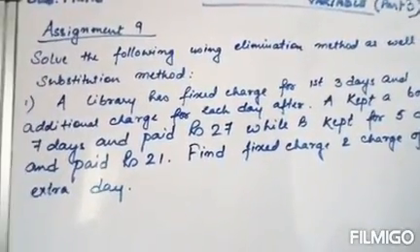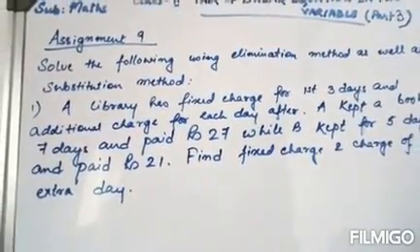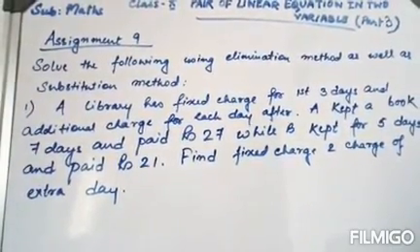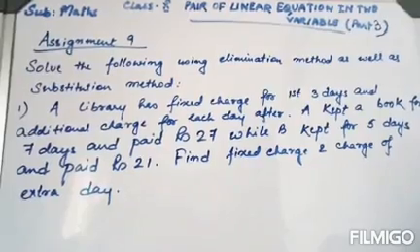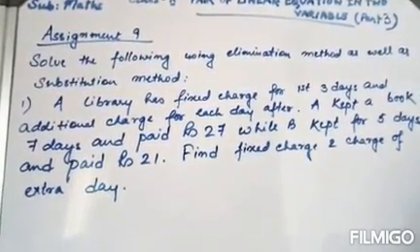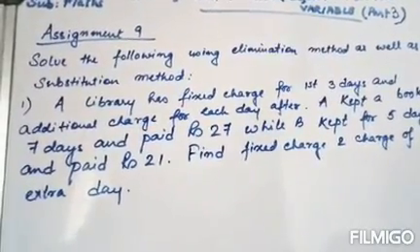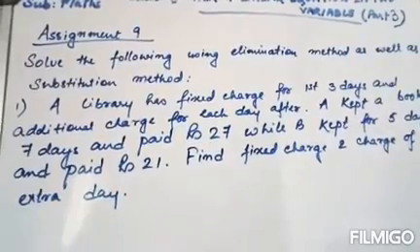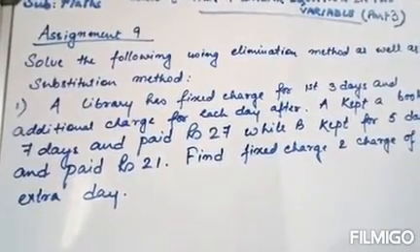So at the end of today's video, I have only one single question for you all, and I need you all to solve it using both the elimination method as well as the substitution method. And what is the question? A library has a fixed charge for the first 3 days and an additional charge for each day after.